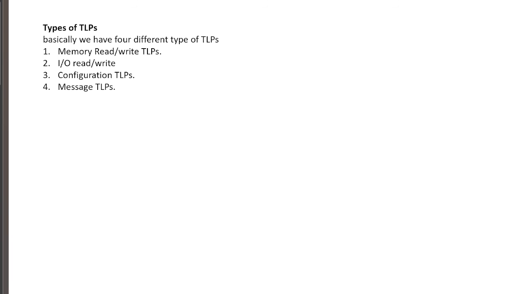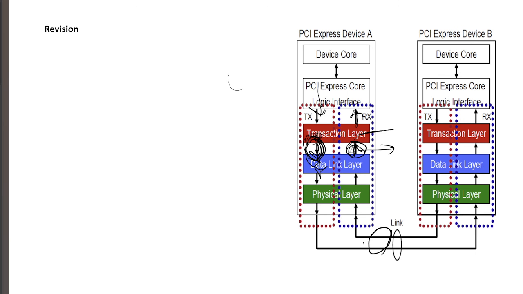Once initialization is done, it will automatically send actual packets from TL to DL to the physical layer. The physical layer will frame the packets appropriately, then send them through the link from the transmitter to the EP side. In this way, packet formation and sending happens from RC to EP side. I'm going to cover up to this in this video.